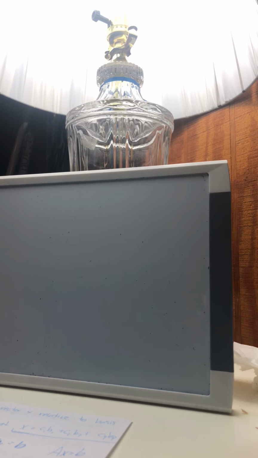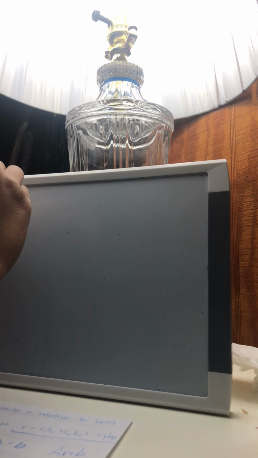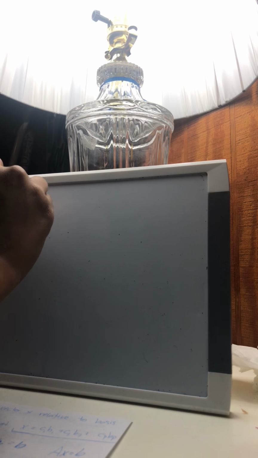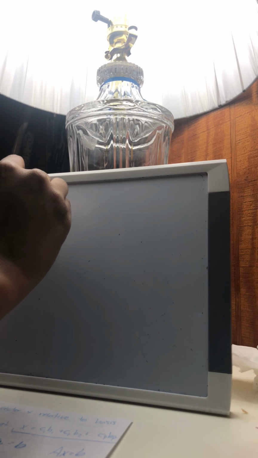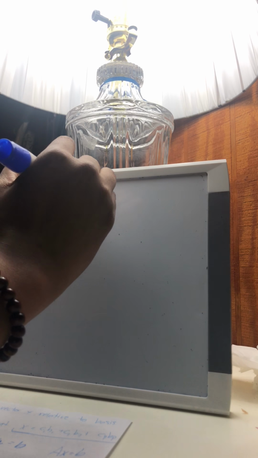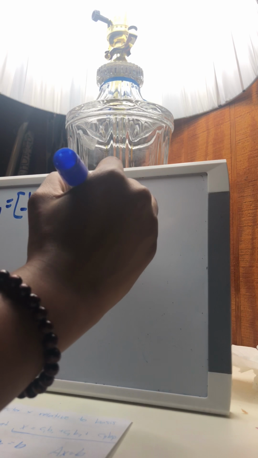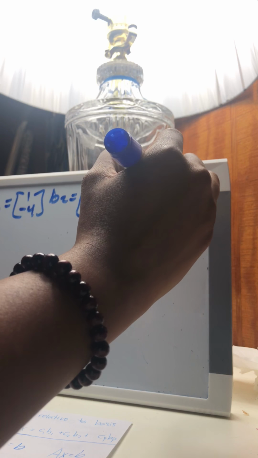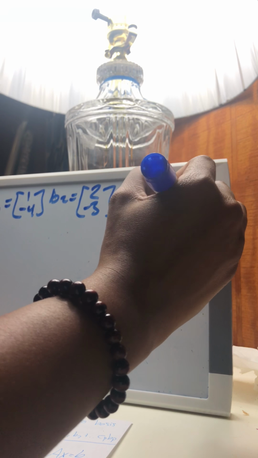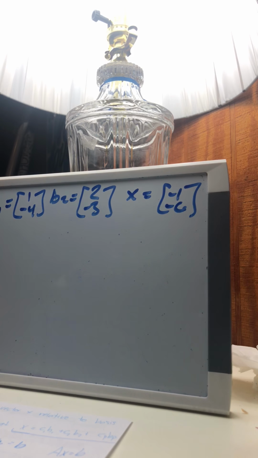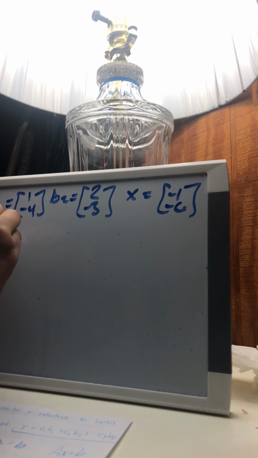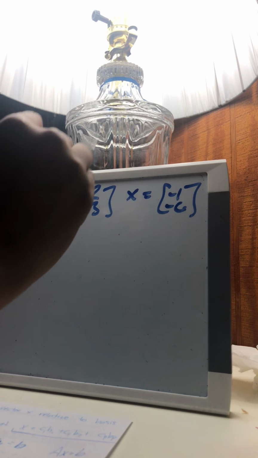So, in the particular problem that I want to go over today, we are given a B1, which is 1, negative 4, and we're given a B2, which is 2, negative 3, and we're given a x, which is negative 1, negative 6. And I'll just rewrite this part.